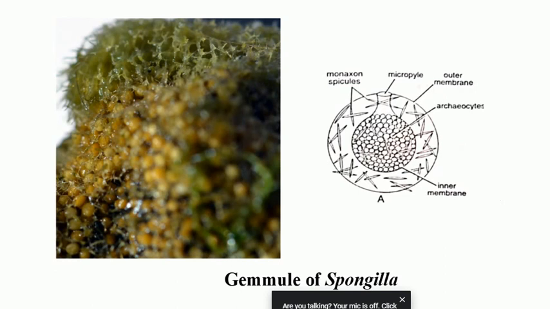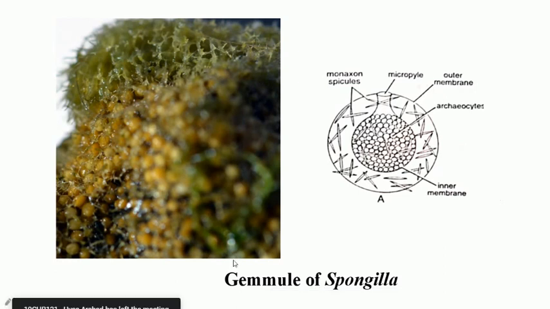Okay, so they start producing these gemmules, and when the conditions become favorable, that means there is plenty of water, temperature is low, harsh conditions are not present, these archaeocytes can come out of the micropyle and start developing into either the whole organism or a specialized cell, whatever is the requirement, because they are the totipotent cells. Always remember that. Okay, so this was all about the specimens which you have to study.